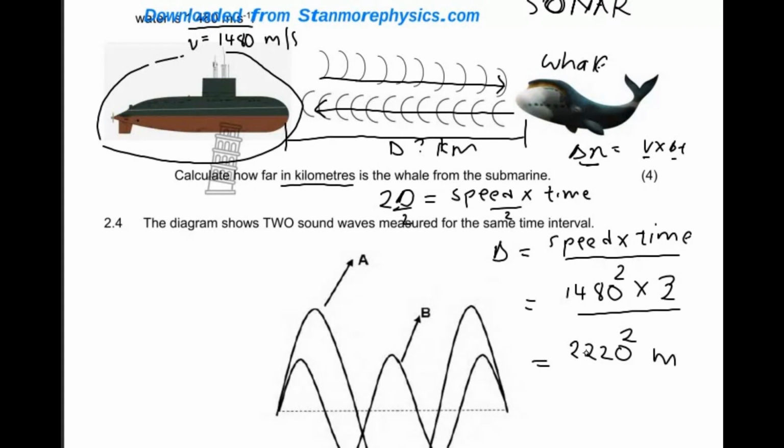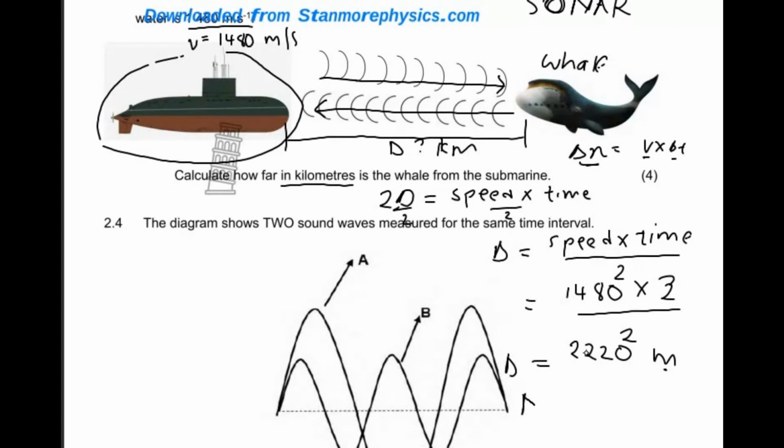meters. But remember, the question said we must provide the answer in kilometers. So to move from meters to kilometers, from a lower unit of measure, which is the meter, to a higher unit of measure, you just divide by 1,000.